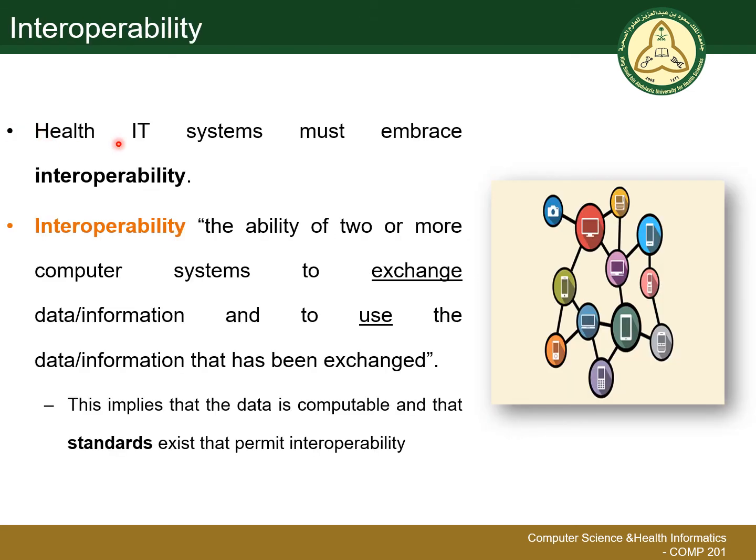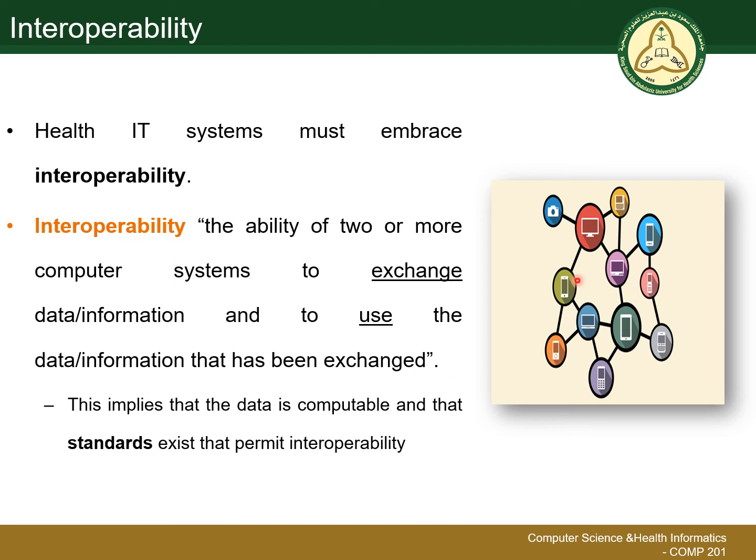With health information technology systems, they need to embrace interoperability. Interoperability is the ability of two or more computer systems to exchange data and information and to use the data and information that has been exchanged.